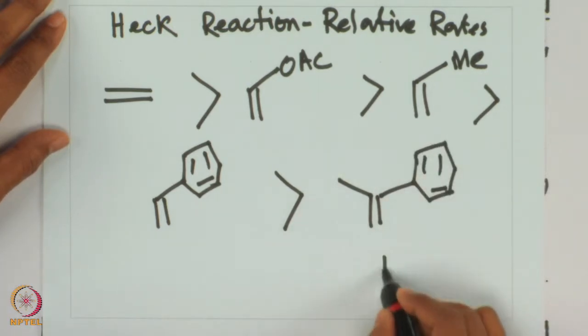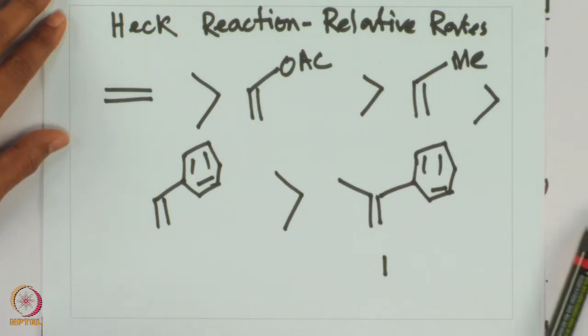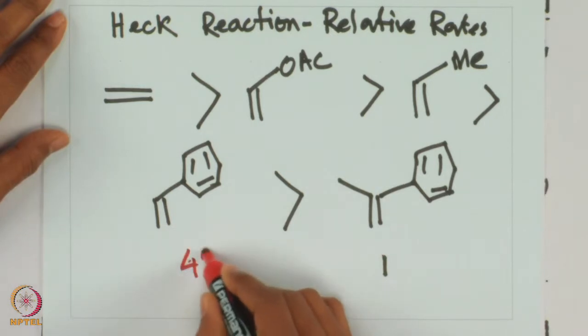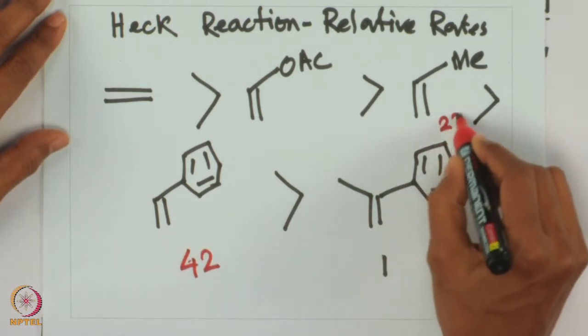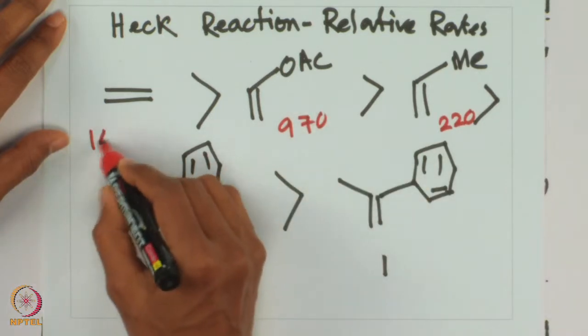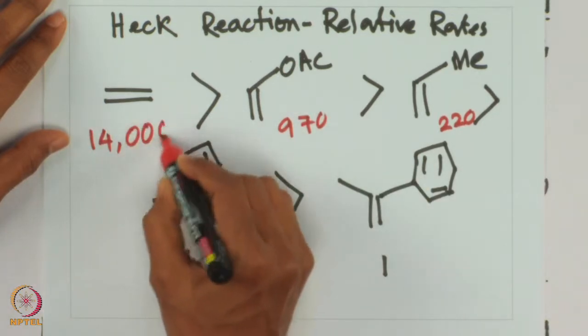The relative rate, if you are putting this to be 1, and with respect to that, this is 42, this is 220, this is relative rate once again, this is 970, and this is a huge 14,000.